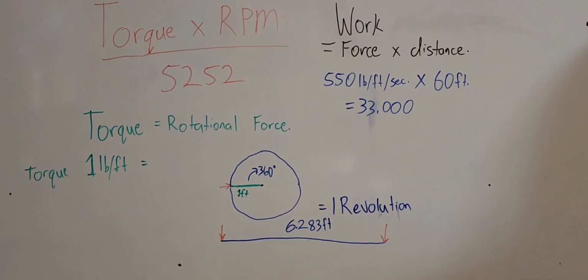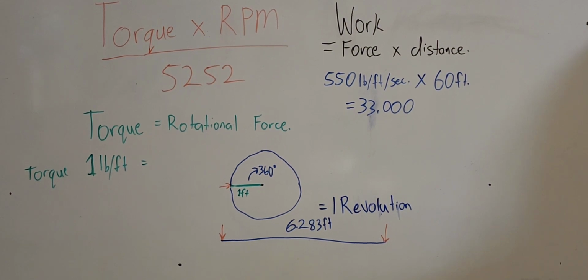So, to apply torque in the proper form that it needs to be, for an engine to be qualified as being able to apply 1 foot-pound of force through the unit measurement of torque, it needs to be able to move a bar that is 1 foot long and have on the end of it 1 pound, and it has the capacity of moving that bar at a rate of 1 foot per second for the entire duration of 360 degrees.